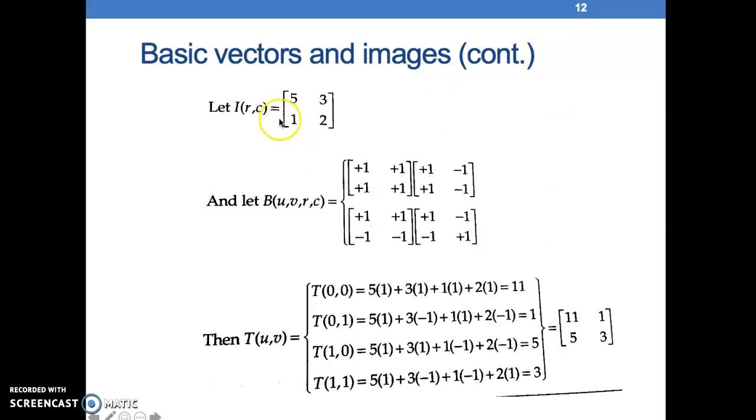For example, this is I(r,c), the input image.